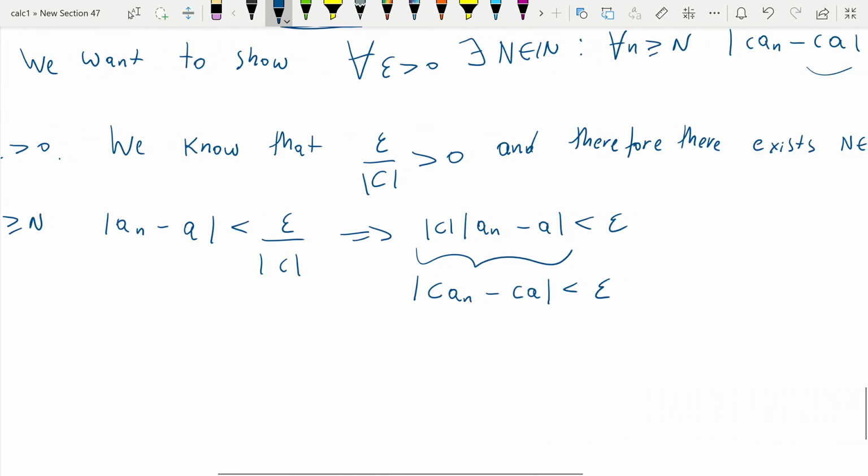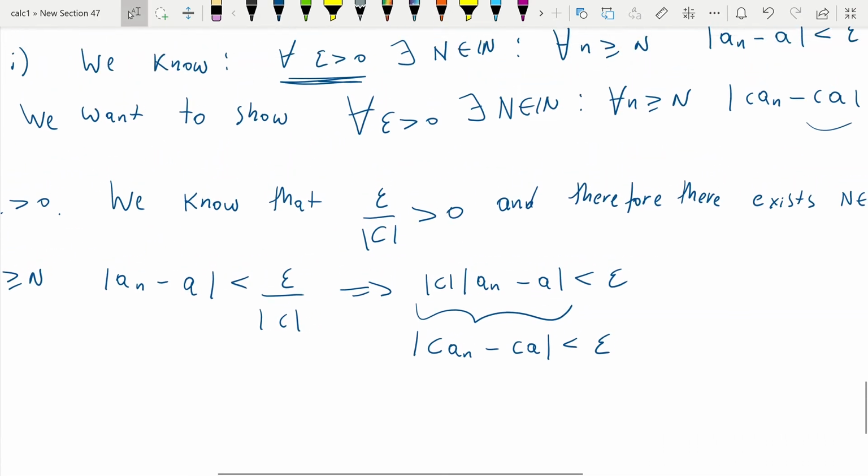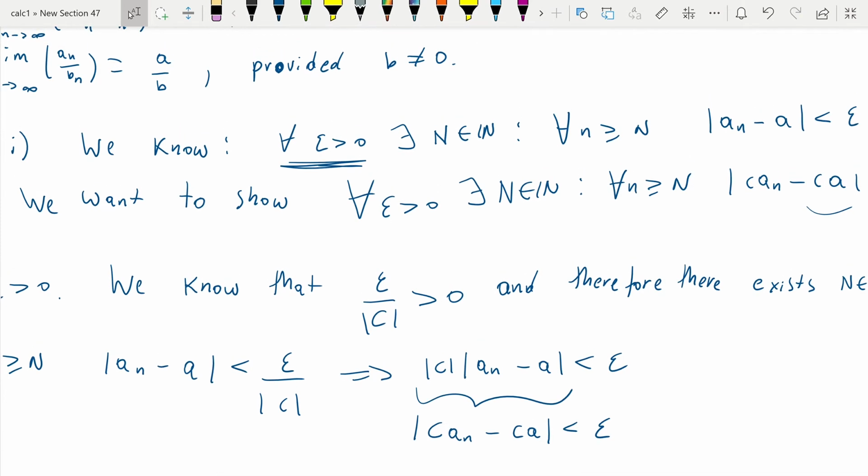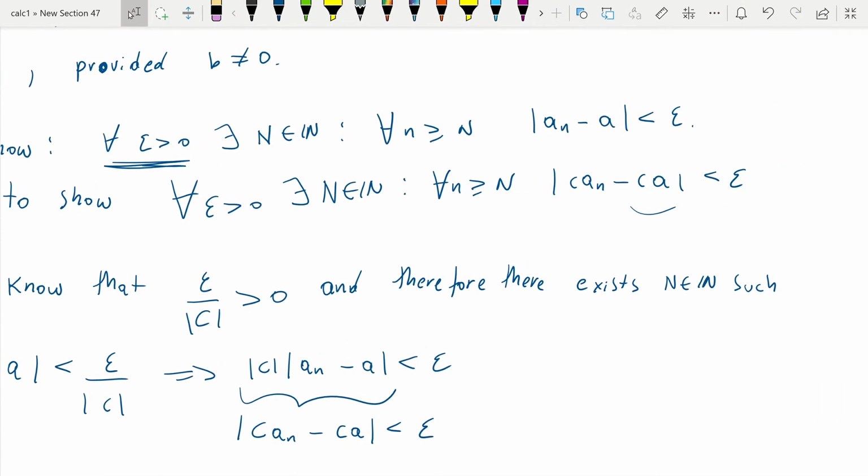So we've shown the statement to be true: for every epsilon there exists an N such that for all n greater than or equal to that capital N, the absolute value of c a_n minus c a is less than epsilon. The only difference is that the capital N we choose down here is the N up here associated not to the same epsilon, but to epsilon over the absolute value of c.